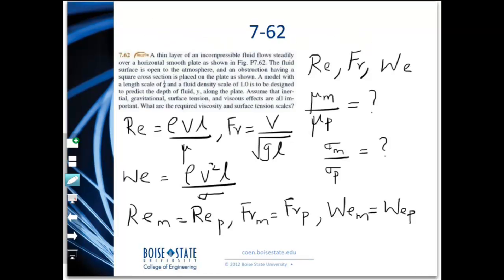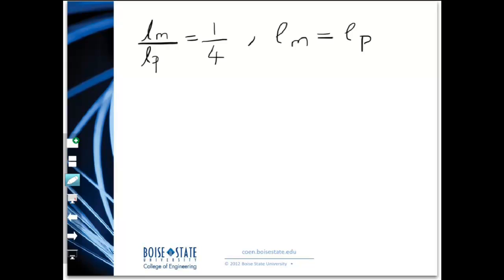But in this problem, you first have to come up with the velocity scale. Then you can use the Reynolds number to come up with the viscosity scale. And once you know that, you can use the same approach to come up with the surface tension scale. When we solve it, it will make more sense.